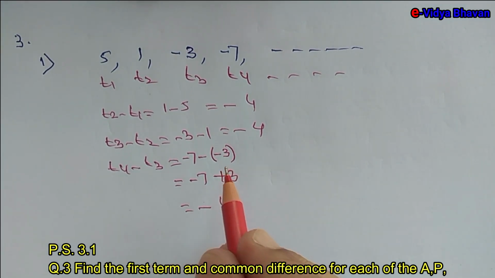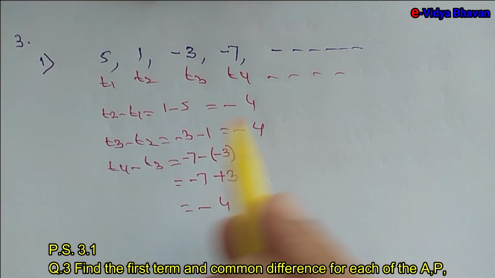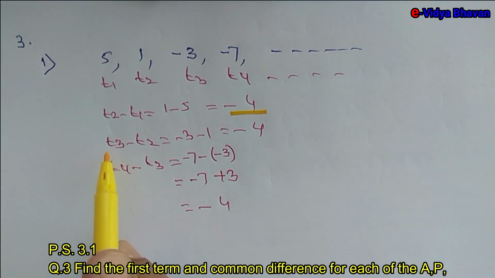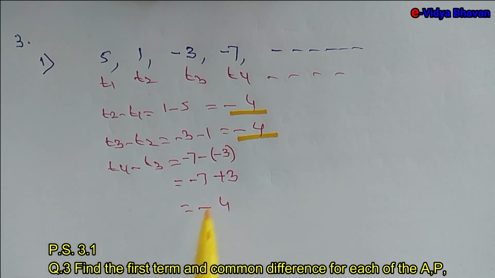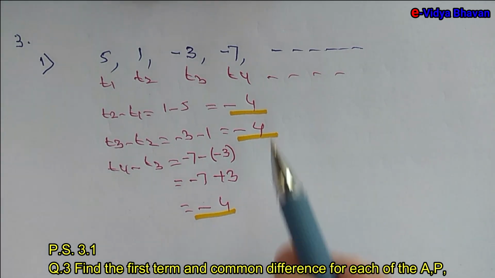Remember the sign. What you have come to a conclusion here: everywhere the difference is minus 4. T2 minus T1 is minus 4, T3 minus T2 is minus 4, T4 minus T3 is minus 4. So the common difference is always the same.